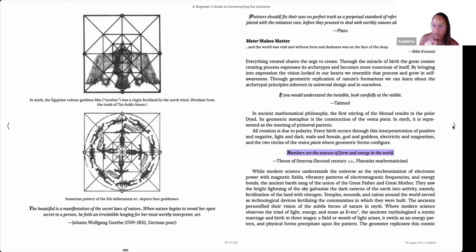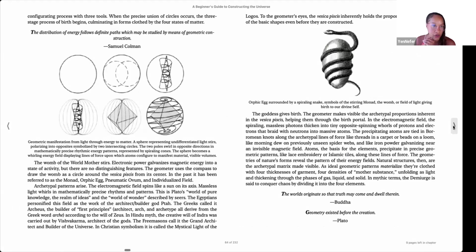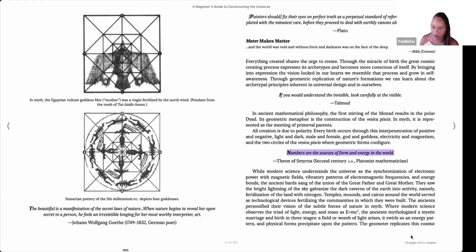The geometer replicates the cosmic configuring process with 3 tools. When the precise union of circles occurs, the 3-stage process of birth begins, culminating in forms clothed by the 4 states of matter. Wow, I really like how all of that comes together.